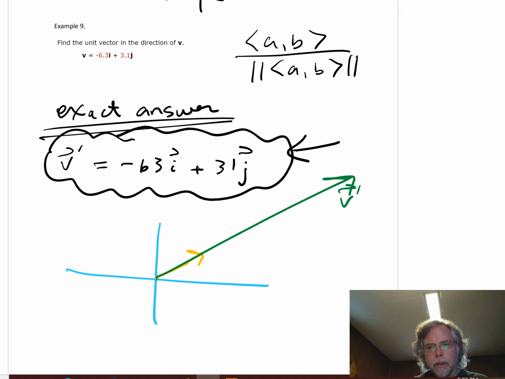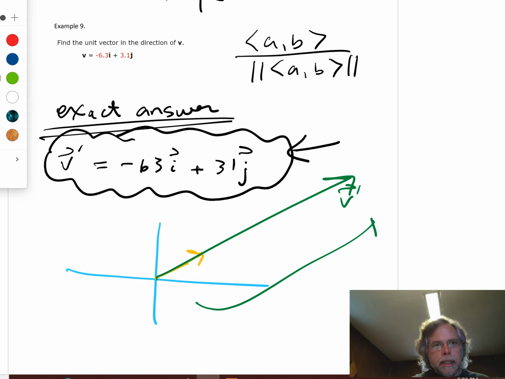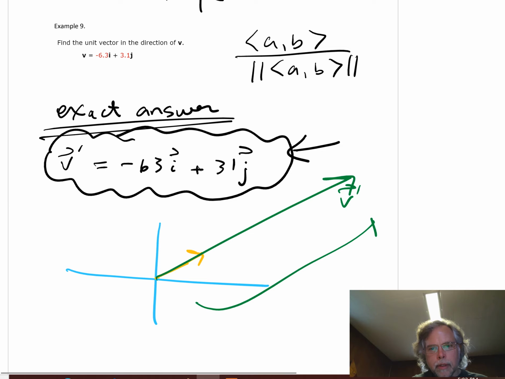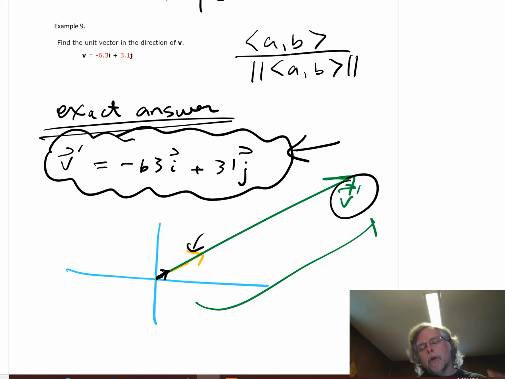Then I'm going to normalize v prime, which will get us to this unit normal vector of length 1 in the same direction as v prime, which is also in the same direction as the original v, with exact values for answers instead of any rounding involved.